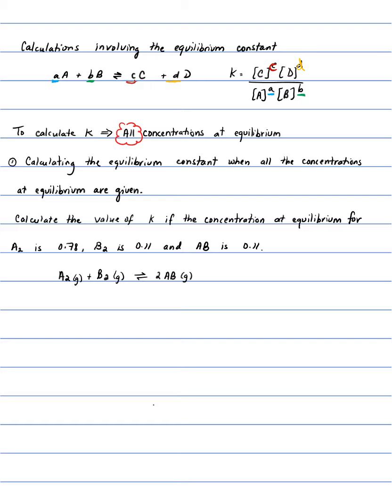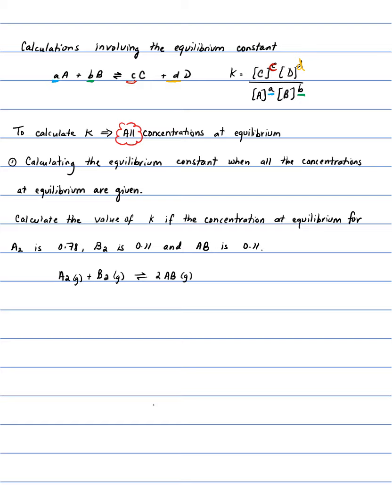So remember, this is everything related to dynamic equilibrium. The first type of calculation is just plugging in numbers in the equilibrium constant expression to find out the value of that equilibrium constant. This is the simplest type of calculation because you're just plugging in numbers and getting a numerical value for that equilibrium constant.